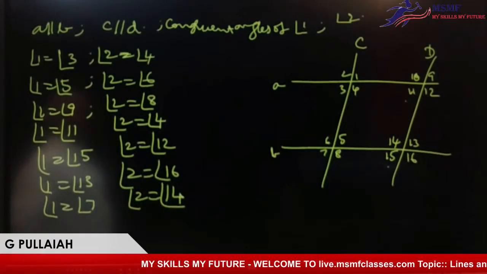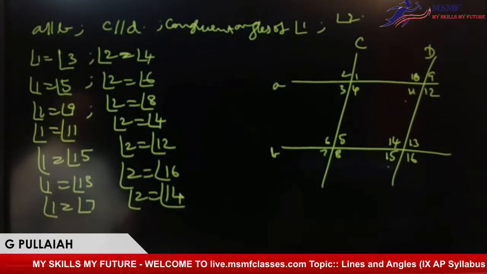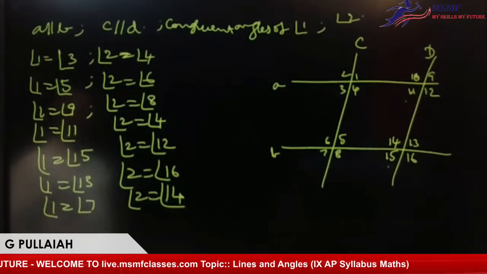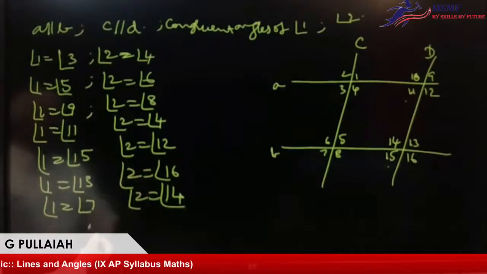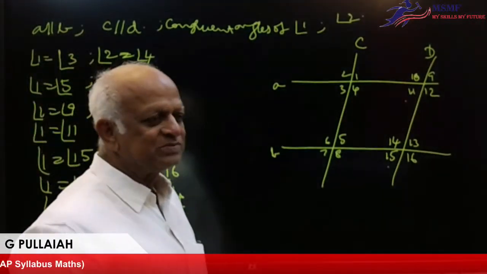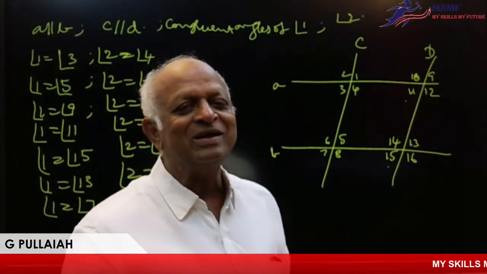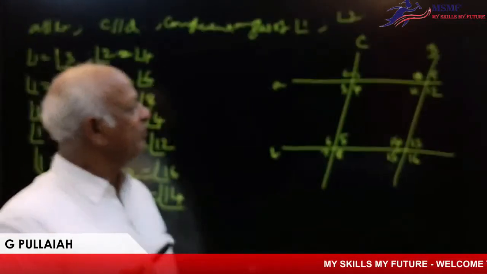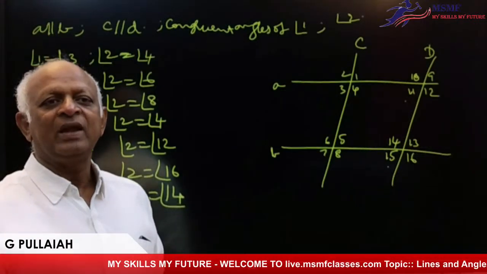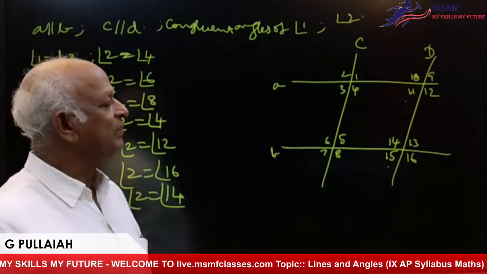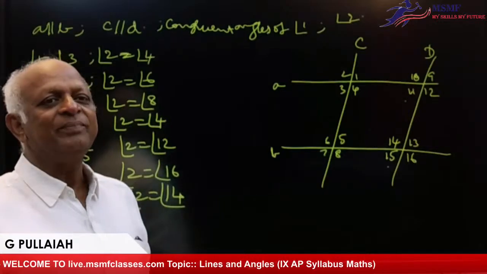Clear. Likewise, you can find out almost all the angles. Taking from angle 1, almost all the 16 angles are covered here. We must consider whether they belong to corresponding angles, vertically opposite angles, or alternate angles, which are equal.